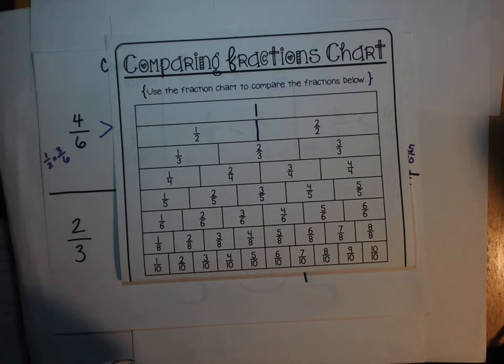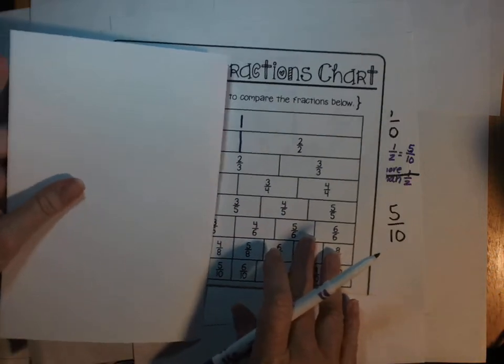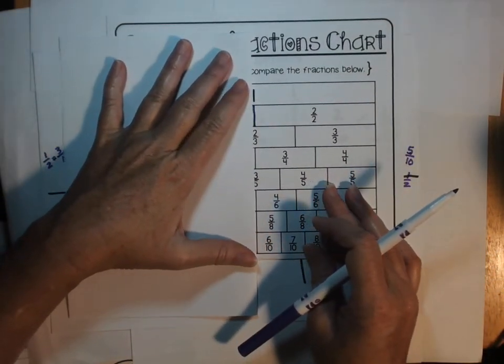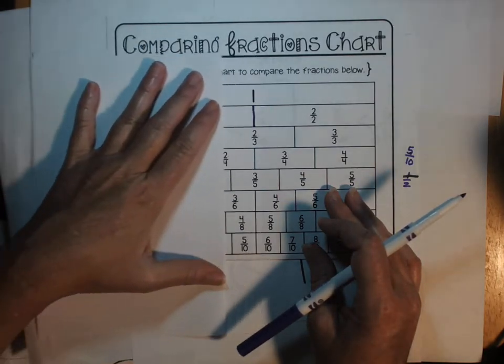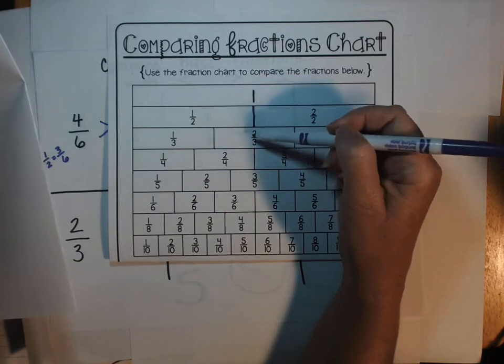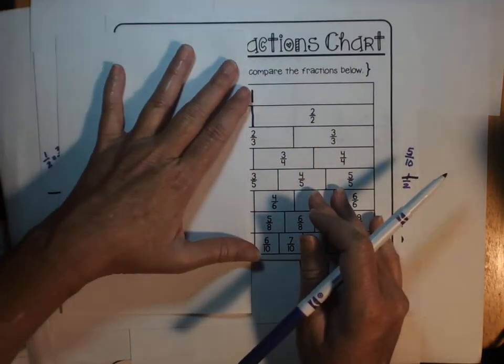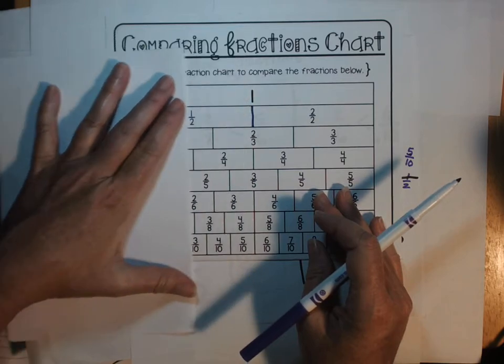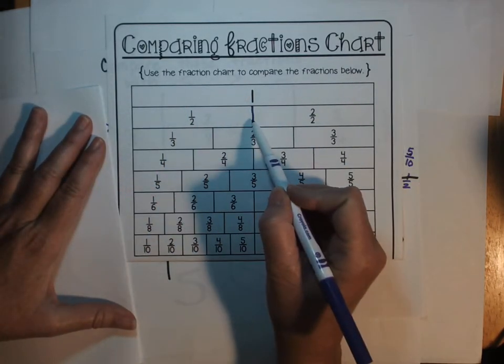now you probably don't want to draw on your study buddy chart, but you can put something right there in the middle, like right down the middle, like a ruler, or something with a straight edge. For this lesson, I'm going to go ahead and draw a line going down the middle to show here's 1/2.